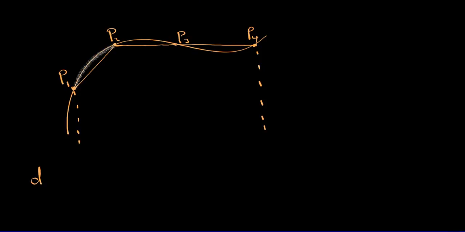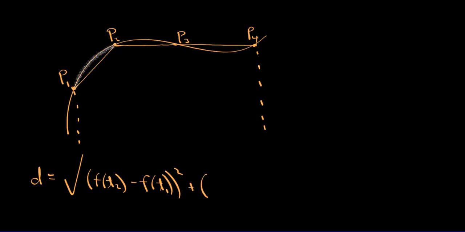I'm going to say the distance is going to be the square root of, now notice I'm going to take the difference of the x's, so let me do it this way: f of t2 minus f of t1. In other words, I'm using the distance formula. I'm going to take the difference of the x's squared, the difference of the y's squared, the difference of the z's squared.